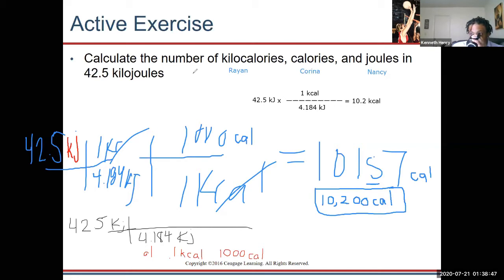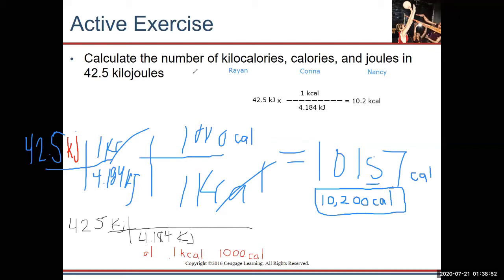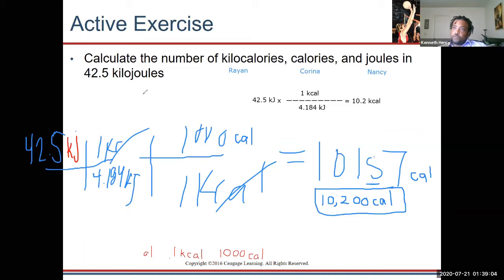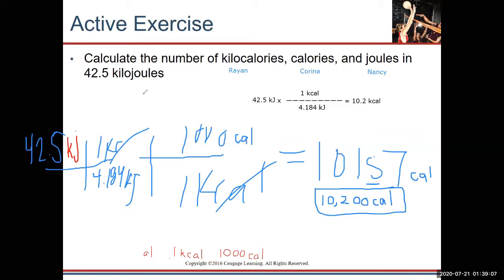Kilojoule. So 1,000 joules equals 1 kilojoule? That is correct. Oh, okay. So do you do the same thing as the previous one? Dimensional analysis?